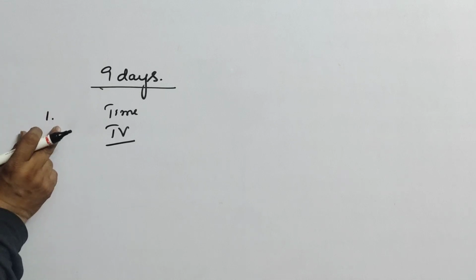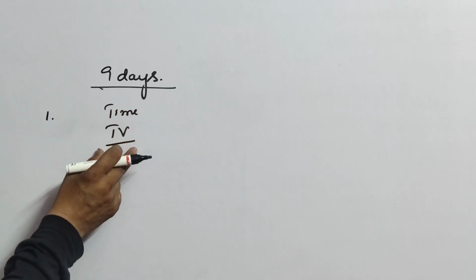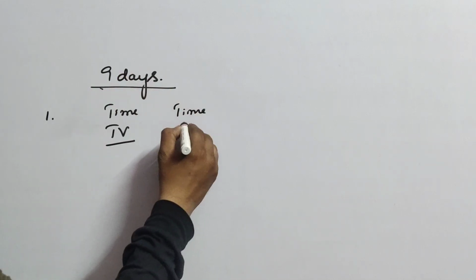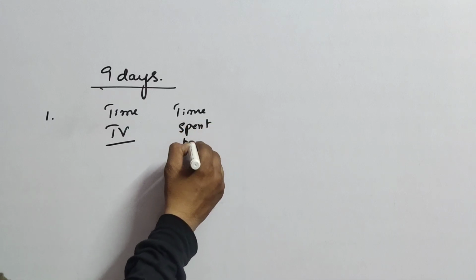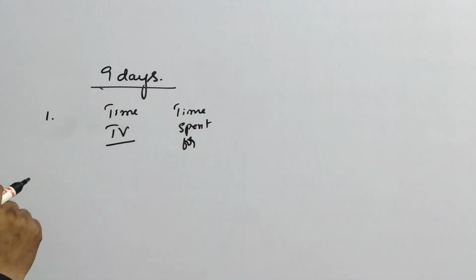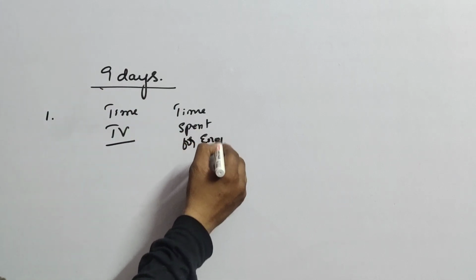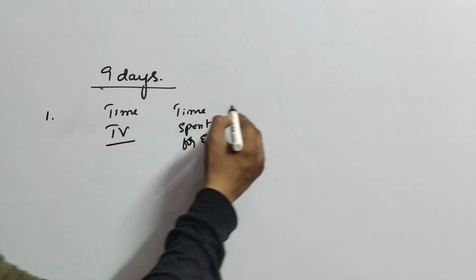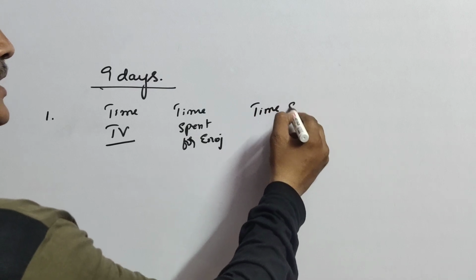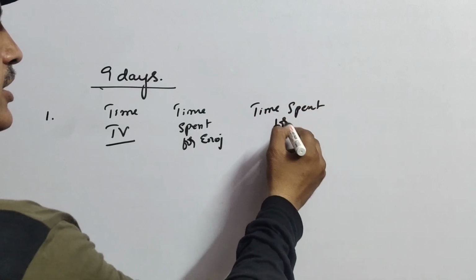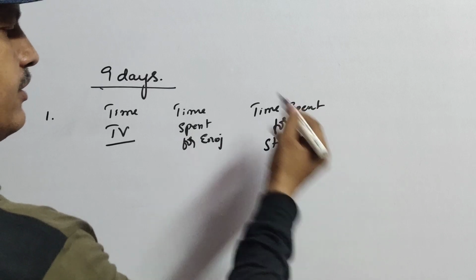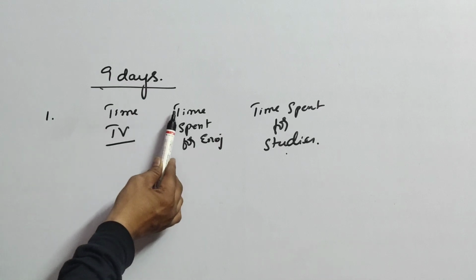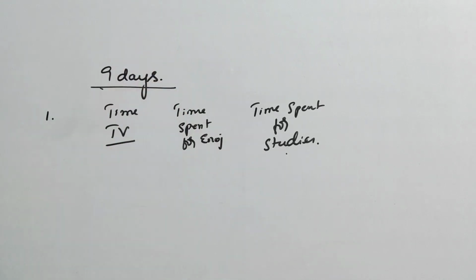Prepare one column, serial number 1, time spent on TV, time spent for enjoyment, and time spent for studies. I think this is a wrong question, right? No, it's a correct question. So time spent on TV, time spent on enjoyment, time spent on studies.